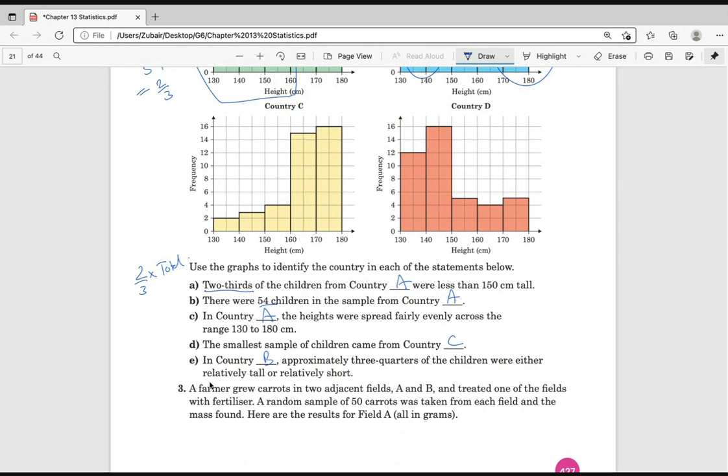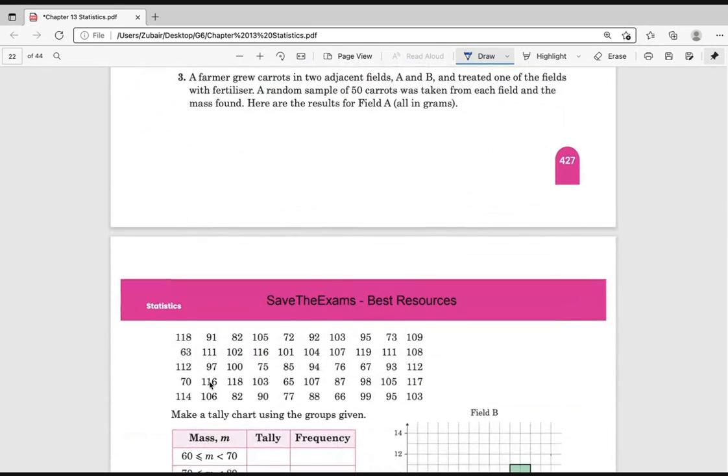Question number 3. Ali, are you with us? Sir, I think it's not a problem. He's joining and leaving. Look at question number, let me ask him.